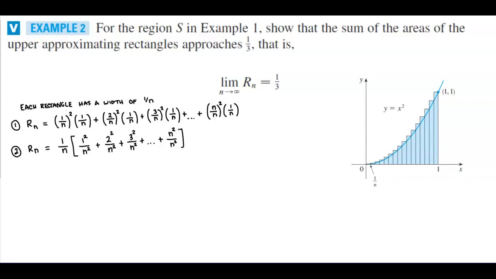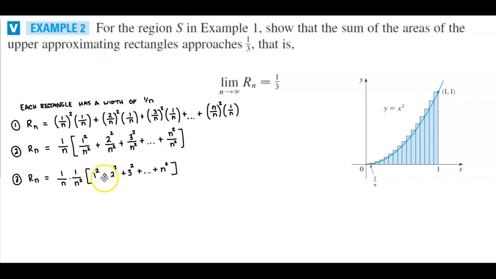Okay, so now we can also factor out a 1/n squared because we have a 1/n squared in each of those terms. So now we can factor out 1/n times 1/n squared. And so what is remaining? Well, what's remaining is 1 squared plus 2 squared plus 3 squared plus n squared.